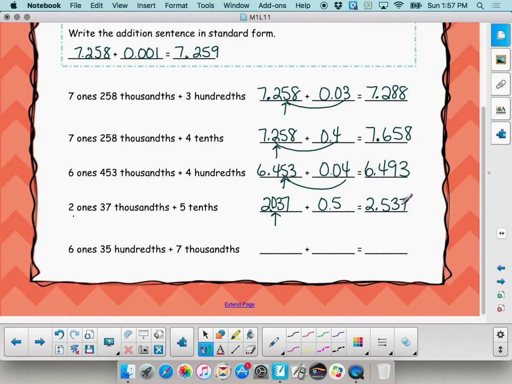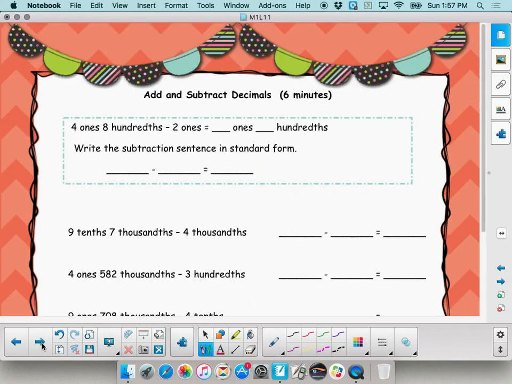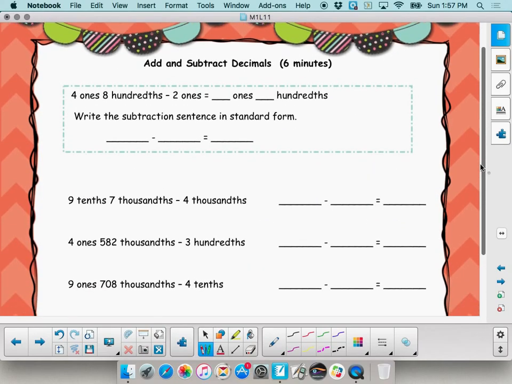And all the other digits stay the same. 6 ones and 35 hundredths plus 7 thousandths. So I will add a 7 to the thousandths place. 6 and 357 thousandths. Okay, same thing, but we're subtracting.